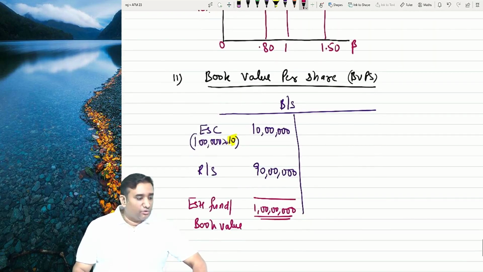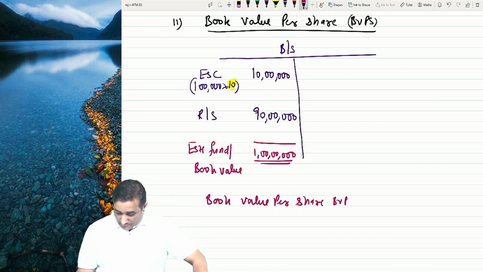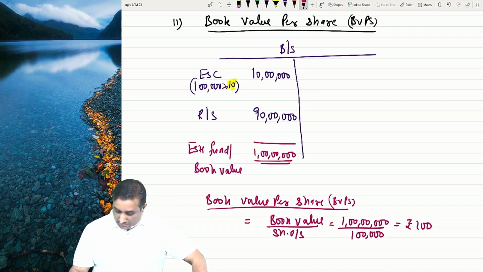Now if I calculate book value per share, that will be equal to book value divided by the number of equity shares outstanding. Book value is 1 crore divided by 1 lakh. It becomes equal to rupees 100.